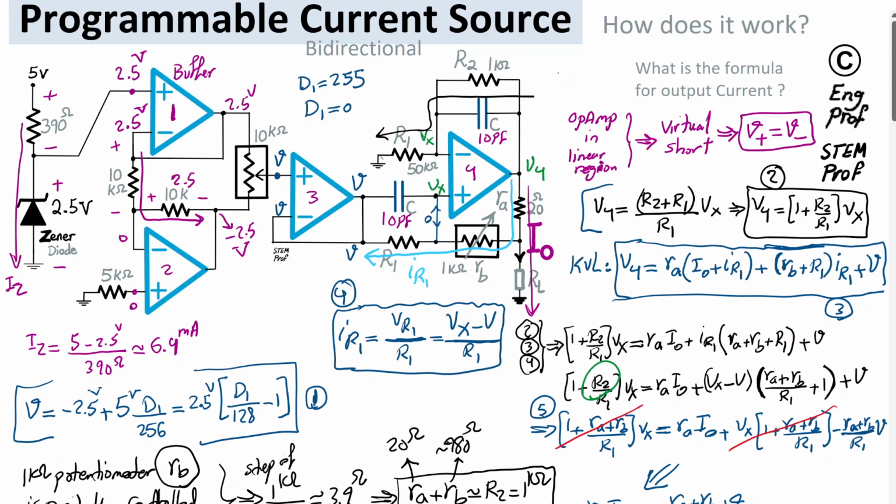Keep in mind that the values like R2 is 1K, RA is a small resistor, 20 ohm, or can be as low as 10 ohm. This is a 1K potentiometer that we digitally control to 980, so that the sum of RA plus RB is equal to R2, 1K. R1 is repeated here as well, so we have 50K here and 50K here.